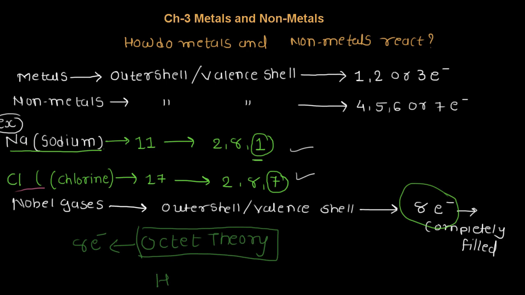Hydrogen and helium, these two don't follow this theory. Except for them, all metals follow this theory. All non-metals and noble gases follow this theory. So from the octet theory, every element wants 8 electrons in its valence shell.